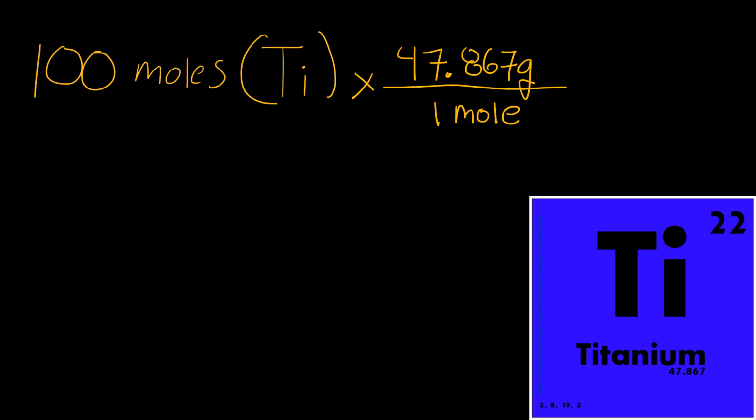So when we multiply across, our units are going to cancel and we'll be left with our answer in grams. So now all you have to do is multiply 100 times 47.867. The answer ends up being 4,786.7.